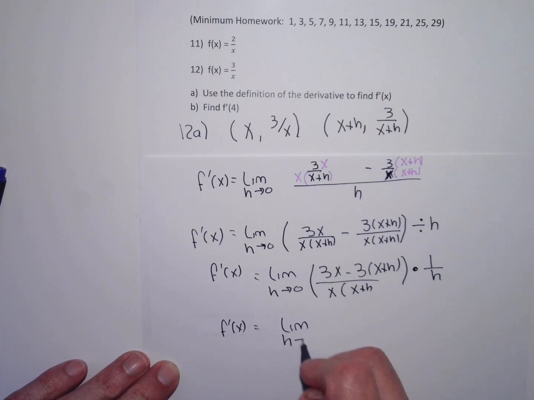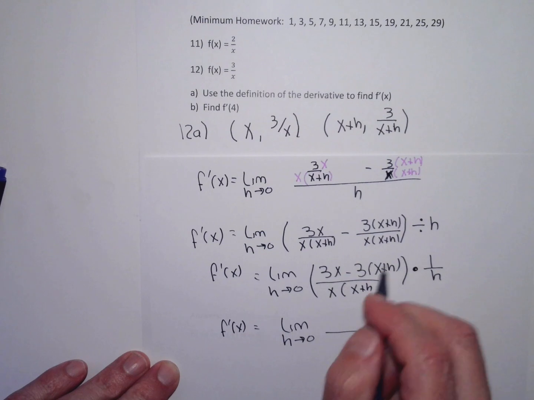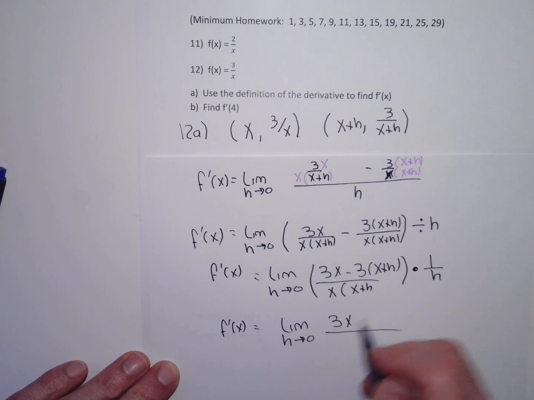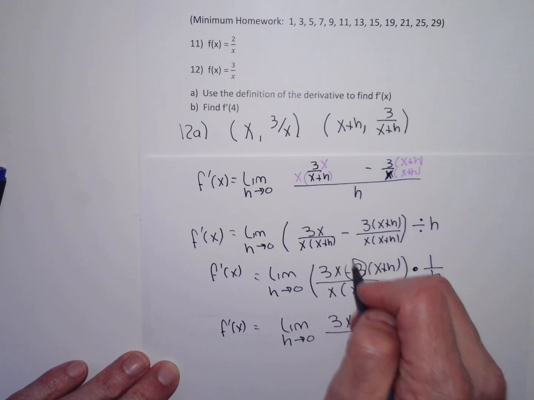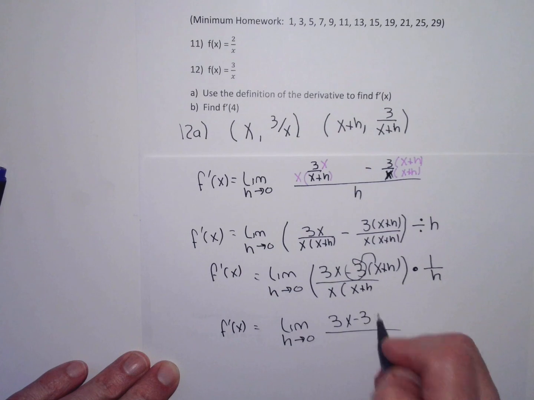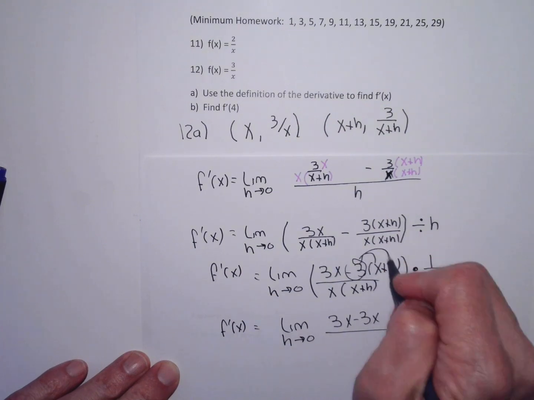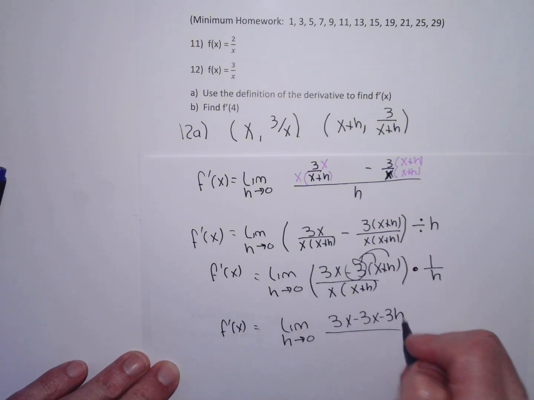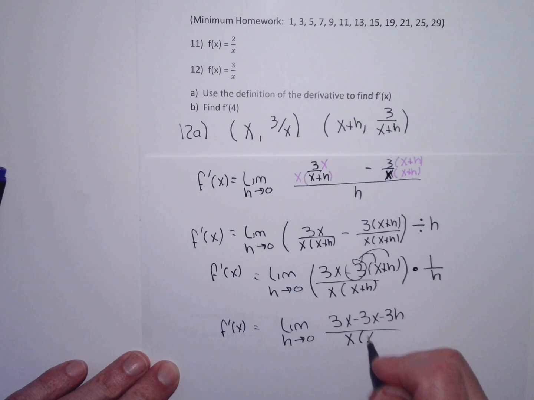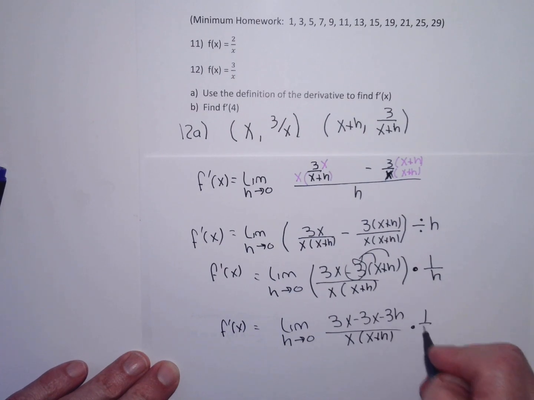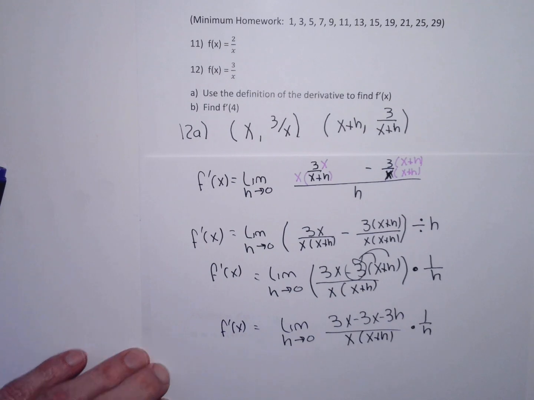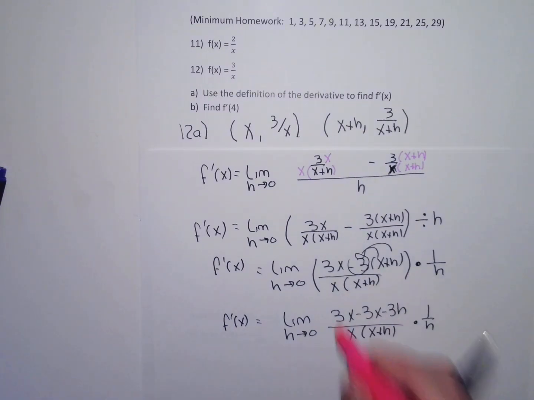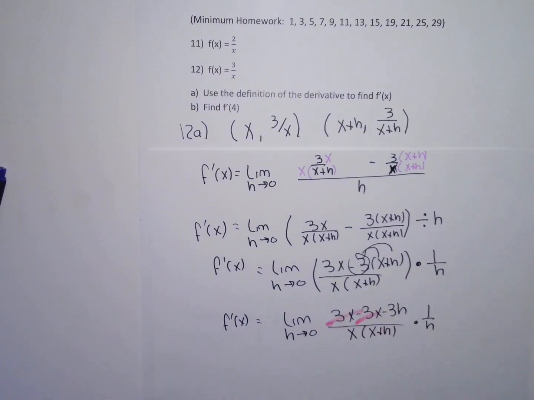Now in the numerator, I'm going to get rid of that parentheses. I'm going to leave the 3x, and I'm now going to go minus 3 times x, which is minus 3x. Minus 3 times h is minus 3h over x times x plus h. I don't think I need this big parentheses anymore. Times 1 over h. In the numerator, those 3 x's cancel.